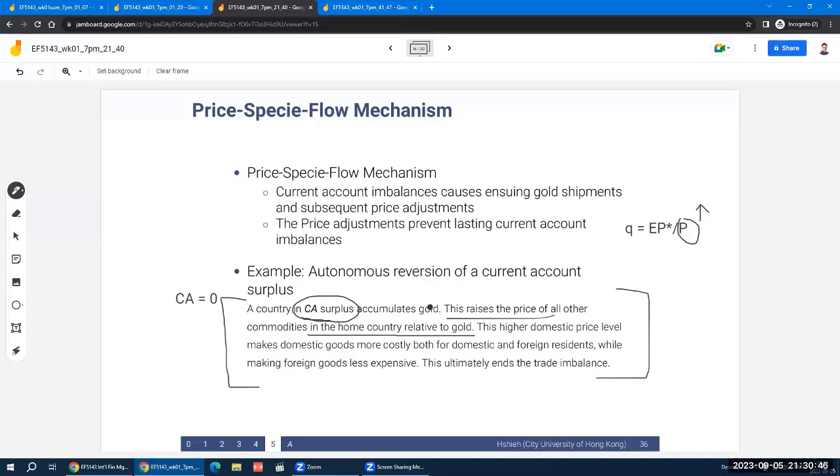Over time, people are going to substitute away from domestic goods and services because it's expensive, and that's going to lead to an outflow of gold. Yes? And therefore, the current account decreases back to hopefully 0. Right? So that's the price-specie flow mechanism.